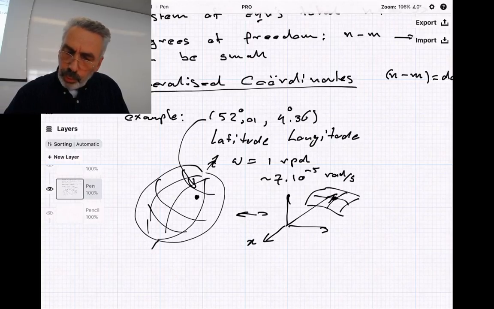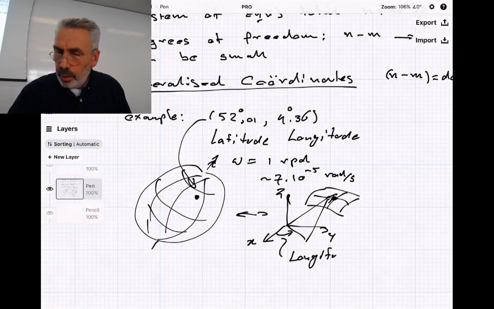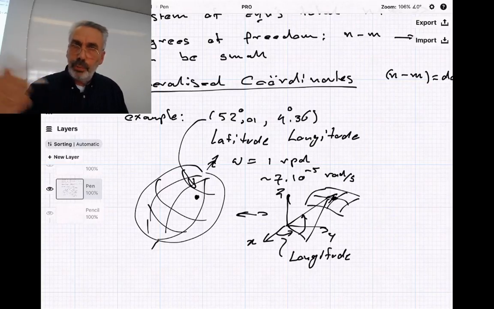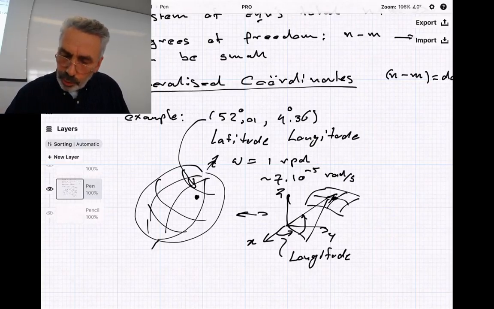If you take some coordinate system at the center of the Earth and some zero line, it's two angles. One angle is what we call the longitude angle, and the other angle, from the zero equator line up, is what we call the latitude.